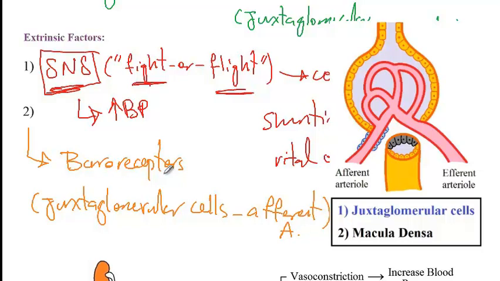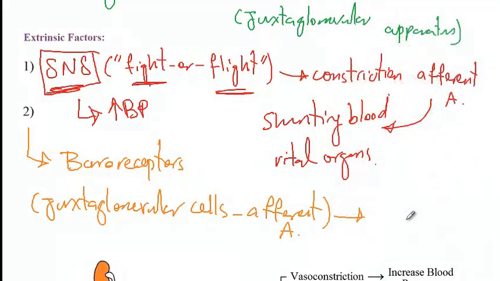And the job of these cells is to detect a decrease in stretch. In other words, detect a decrease in pressure of blood, as a consequence of which it will release renin.